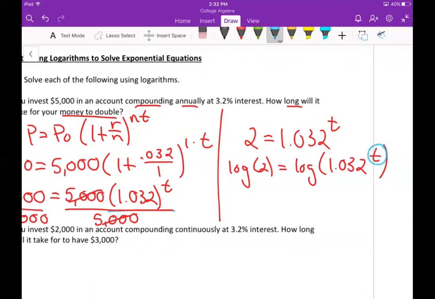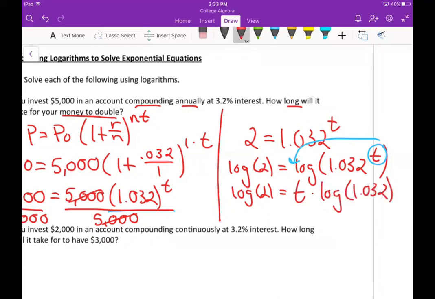That exponent drops out front, right? So write down that t first. t times log of 1.032. Log of 1.032, try and make yourself remember that's just a number, and it's being multiplied by my variable now.